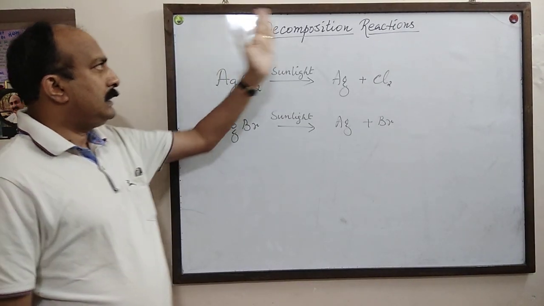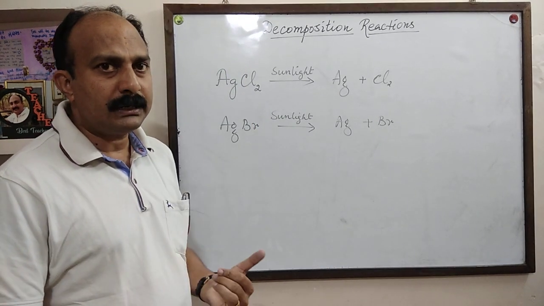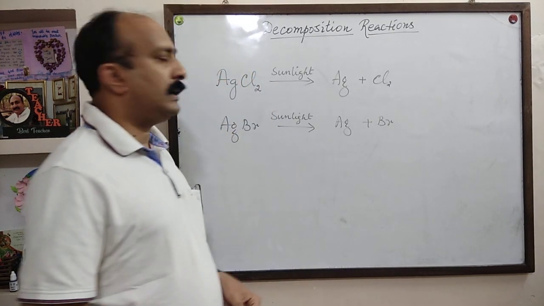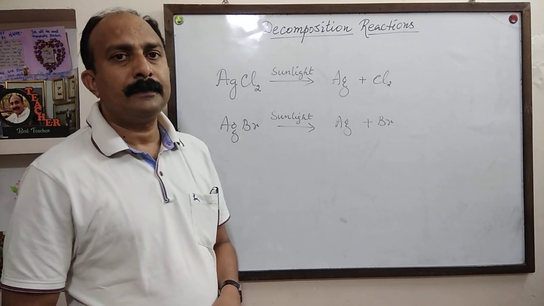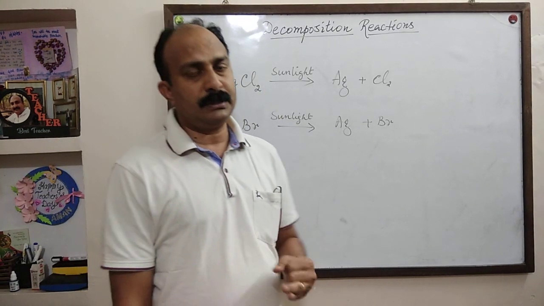So, decomposition reactions are of three types. Decomposition by heat, which is known as thermal decomposition. Second one, decomposition by passing electricity, which is known as electrolytic decomposition.